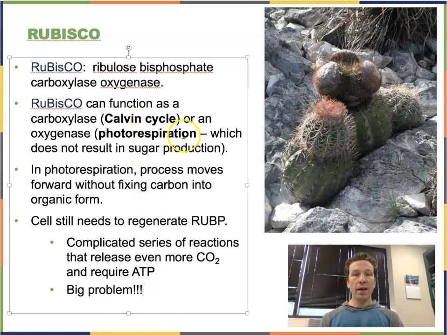Let's talk for a second about why this is called photorespiration. Think about respiration that we do or that plants do with their mitochondria. In that process, oxygen is incorporated and carbon dioxide is released. In this process we just talked about, with photorespiration, oxygen is also incorporated and carbon dioxide is also released. And so by analogy, it is similar to respiration that we've already studied.